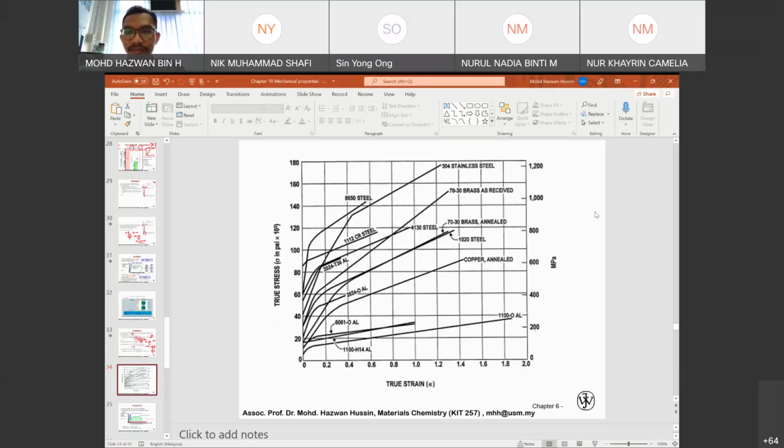I think it's 1,100 for aluminium. 1,100 aluminium. The lowest one. Lowest. 1,100 for aluminium. Oh, this one.